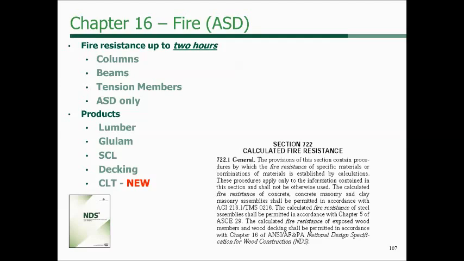But where this would be applicable is, say, what if you had a Type 5 construction, just a regular building, a business occupancy, where an architect would like to see an exposed glue-lam beam, but it's required to have 1 hour or 2 hours of fire resistance. This is where this would come into play. So they don't have to wrap the glue-lam beam in drywall. You can actually calculate a char rate up to 2 hours of fire resistance.